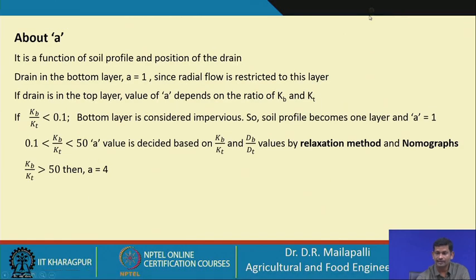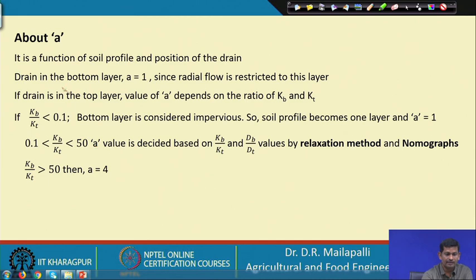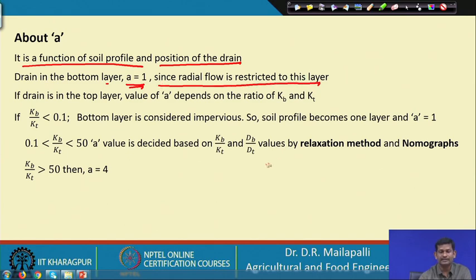And then what about A? It is a function of soil profile and position of the drain, these two things. If the drain is in the bottom layer, then A is equal to 1, since radial flow is restricted to that layer. Since there is no radial flow, A will be 1. If the drain is in the top layer, the value of A depends on the ratio of Kb and Kt, where Kt is the top layer hydraulic conductivity and Kb is the bottom layer hydraulic conductivity.